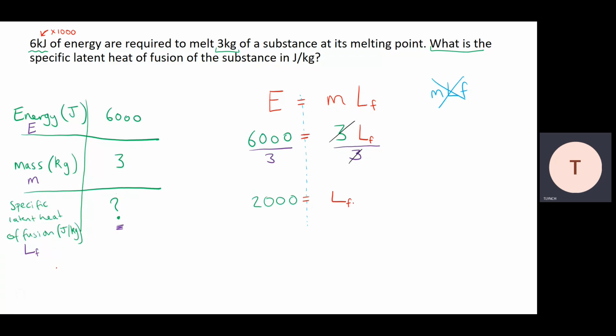Now, something doesn't quite sit right with me if I write it that way round. We're reading from left to right. I would just put then LF equals 2,000. And don't forget your unit. We've got a unit in here, joules per kilogram. There is my final answer.